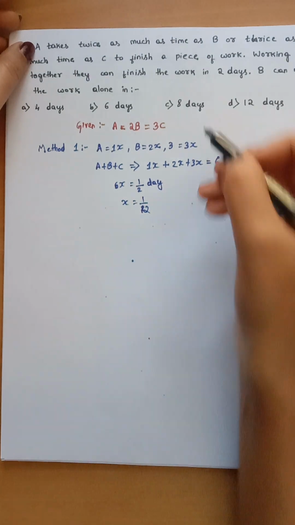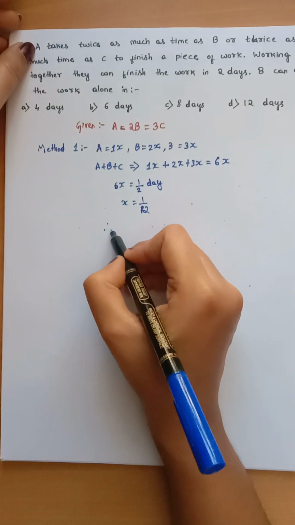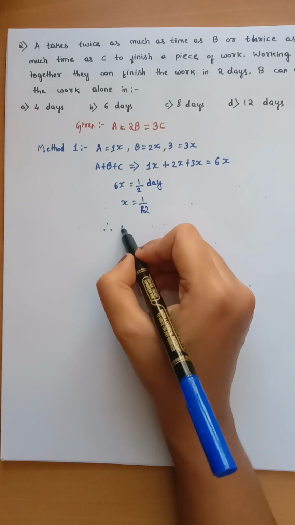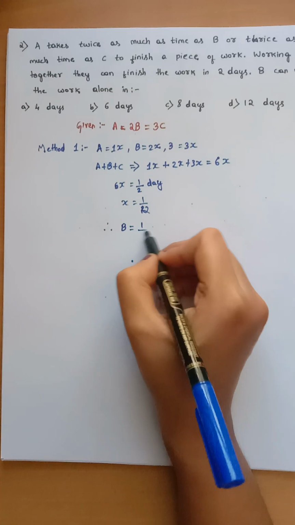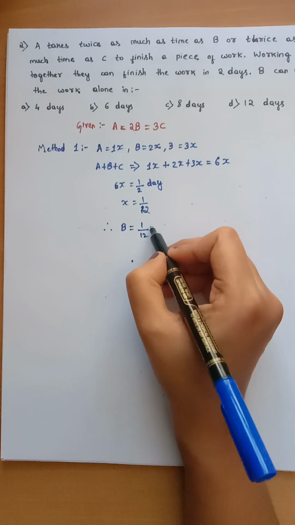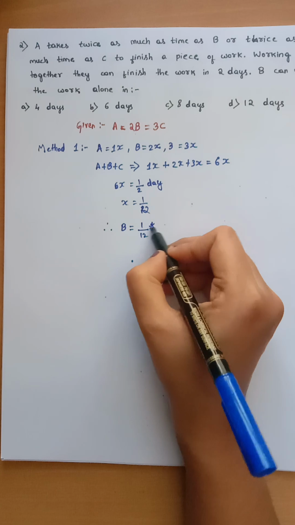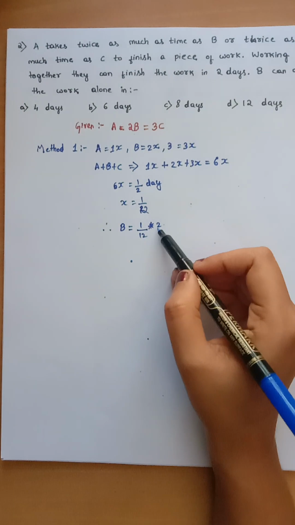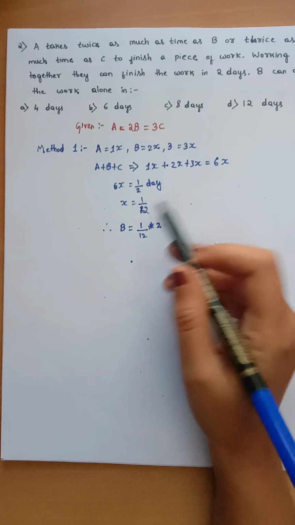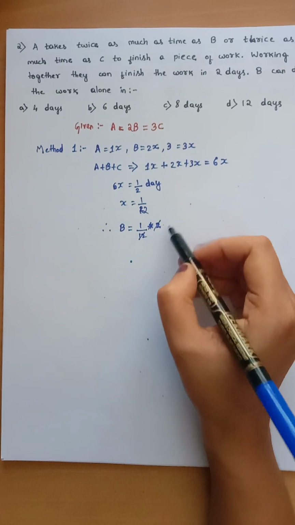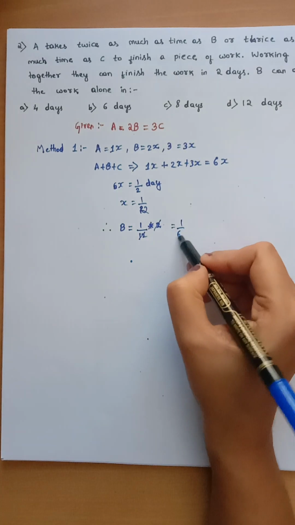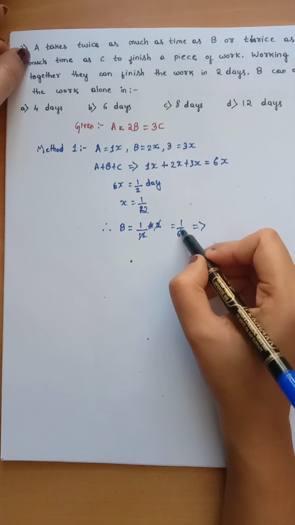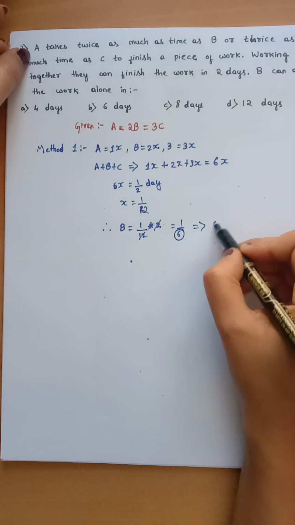And they are asking the number of work days taken by B. That is B, 2 times x, because x value is 1 by 12 and B has twice the efficiency of A. So by cancelling, this is 1 by 6, which means the number of days taken by B is 6 days.